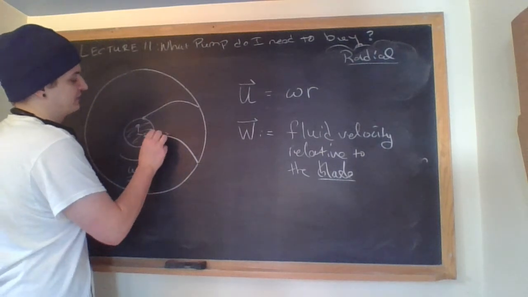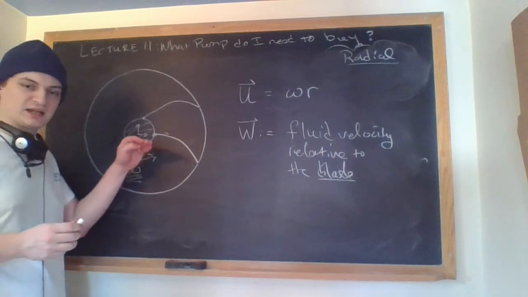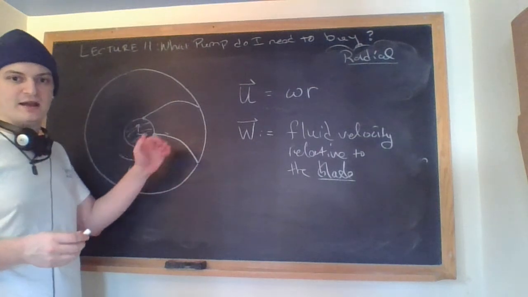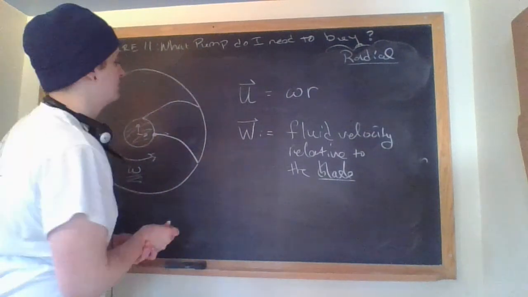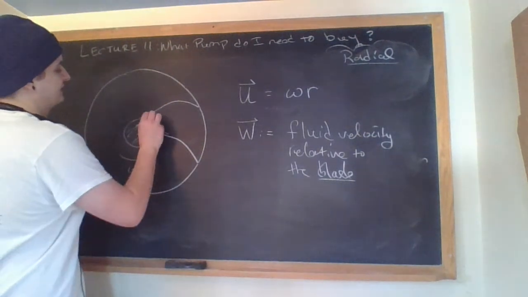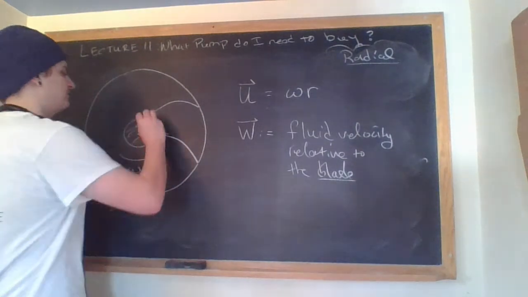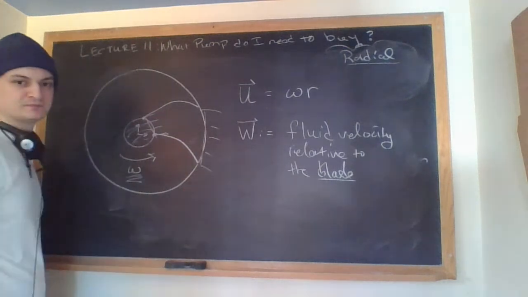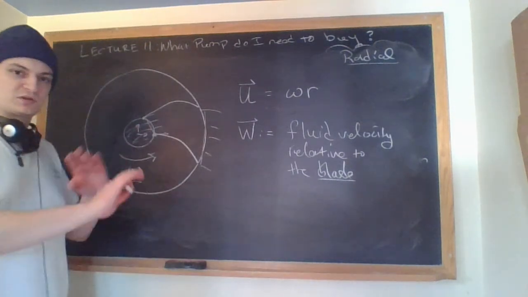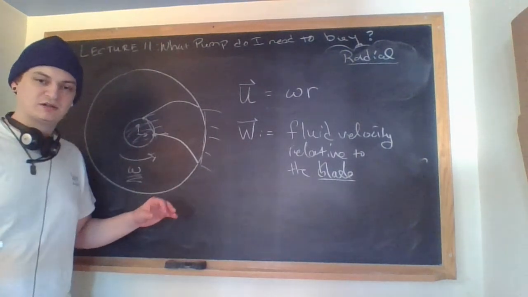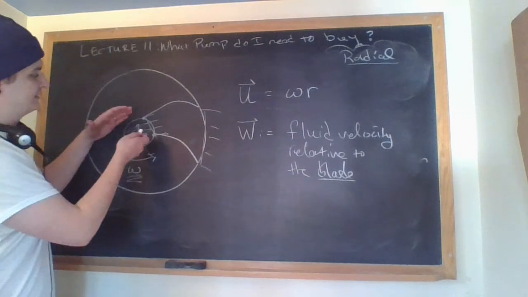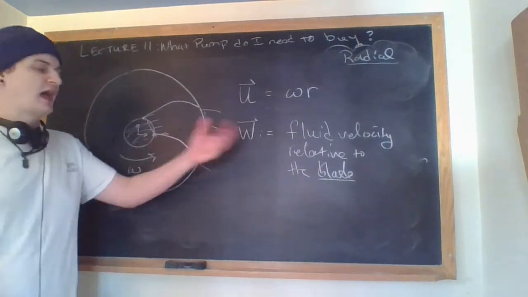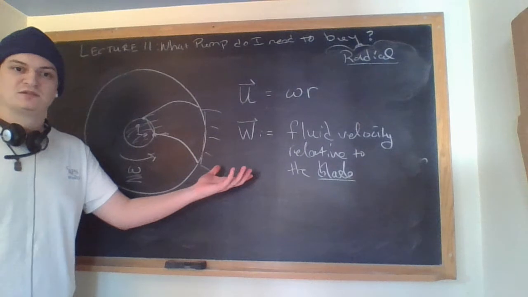That is the velocity that you'd see if you were just sitting on the blade, where you'd see no slip occurring. So the way you think about that velocity is, in an ideal case, you'd have plug flow in, and then you'd have plug flow out. If you stopped all of the rotational motion and you just thought about fluid going in this way and then leaving that way, that would be what W is referring to.